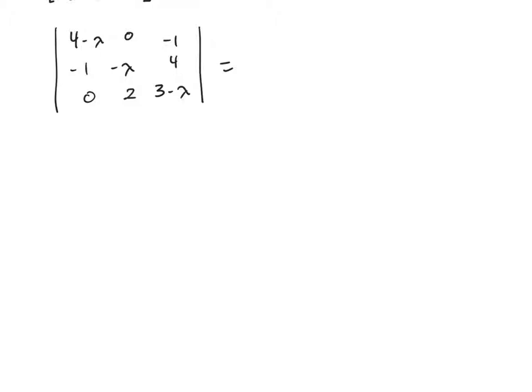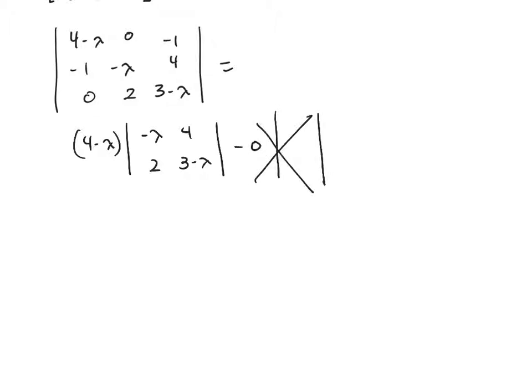So I'm going to go ahead and do 4 minus lambda times negative lambda, 2, 3 minus lambda. And then minus 0 times, and that doesn't matter because it's 0. And then minus 1, because it's a -1, times -1, negative lambda, 0, and 2.